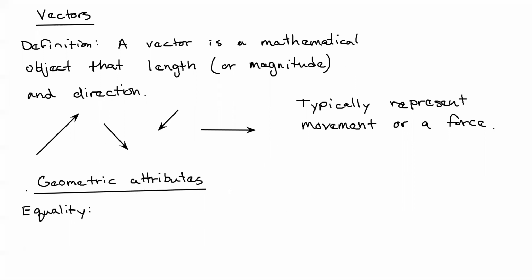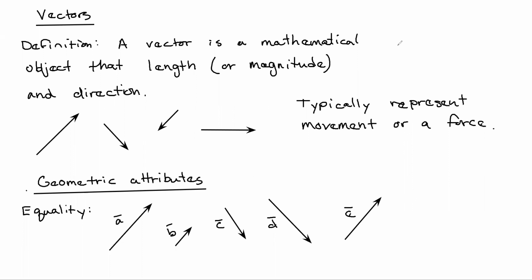Just for example, let's say we had that vector as vector A, here's vector B, here's vector C, here's vector D, and there's vector E.